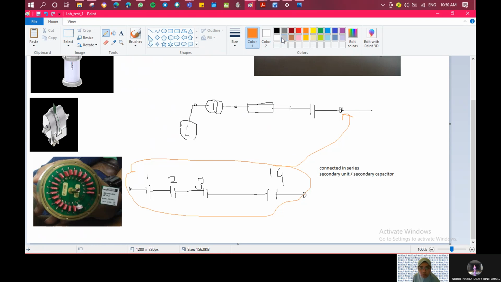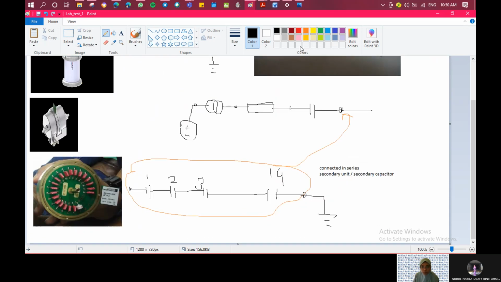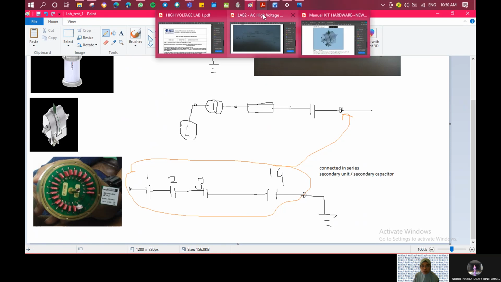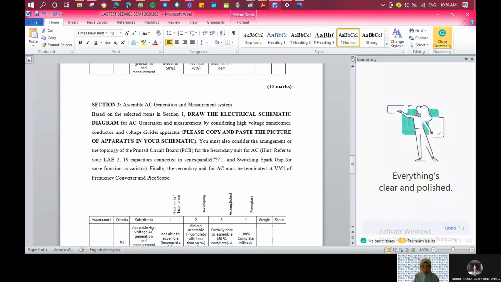And oh sorry, I didn't draw the grounding. So okay, grounding here. And lastly, sorry, the conductor, the voltage divider. Okay.